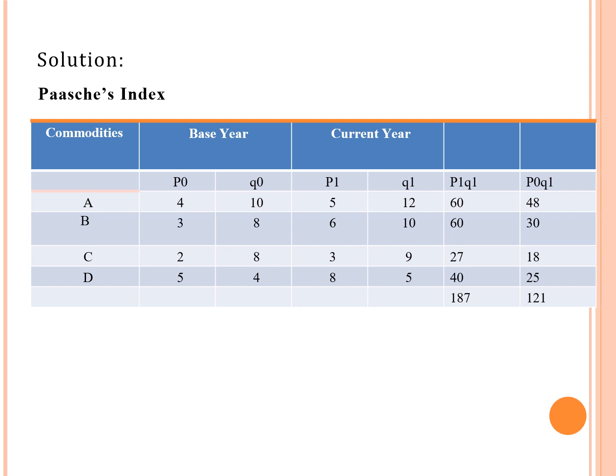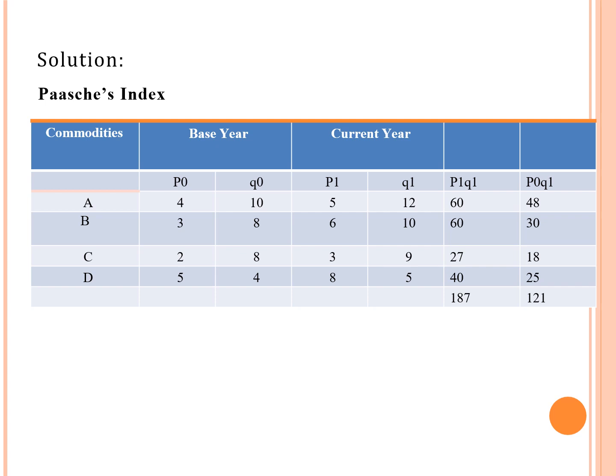So we need to calculate summation P1 Q1 and summation P0 Q1. Here P1 Q1: P1 is 5 and Q1 is 12, so 5 into 12 is 60. Same thing, 6 into 10 is 60, 3 into 9 is 27, and 8 into 5 is 40. The total of P1 Q1 is 187, and P0 Q1 is 48, 30, 18, 25.